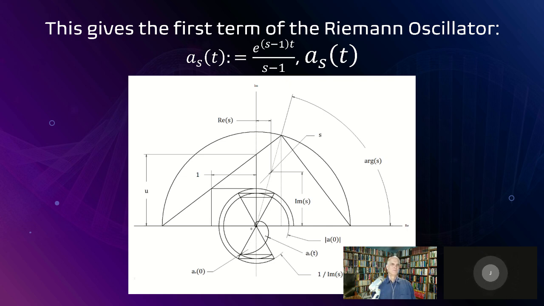The zeta function is all buried in there, at least one part of it. We're defining this outer circle here as 1 over the imaginary part of S. So now we have S here, the imaginary part of S, and this is the constraint, and everything else follows suit. We can determine U from everything now.